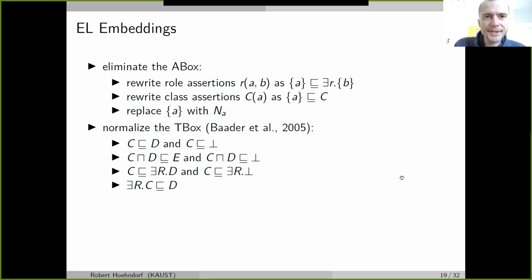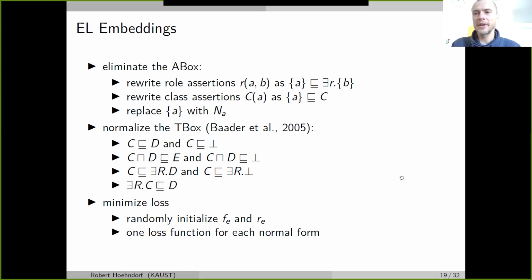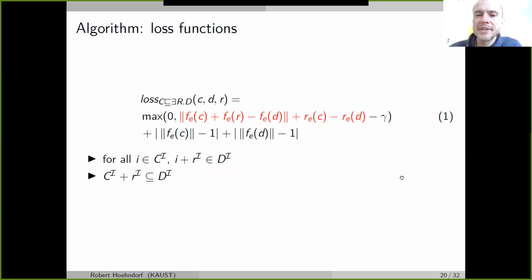We have these 7 normal forms, and then we define a loss for each of the normal forms, where we randomly initialize our embedding functions, define a loss, add up all the losses and minimize them. I'll give one example for these losses. This is a loss for C subclass exists R.D, one of the normal forms.